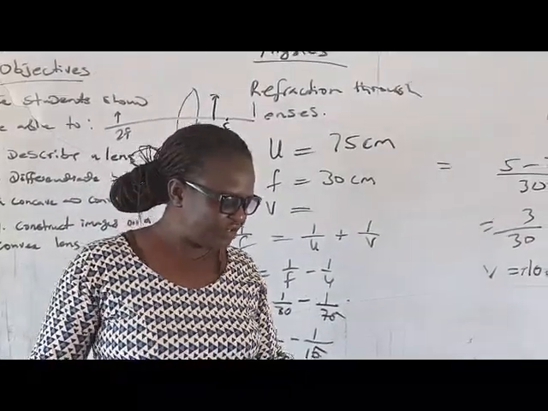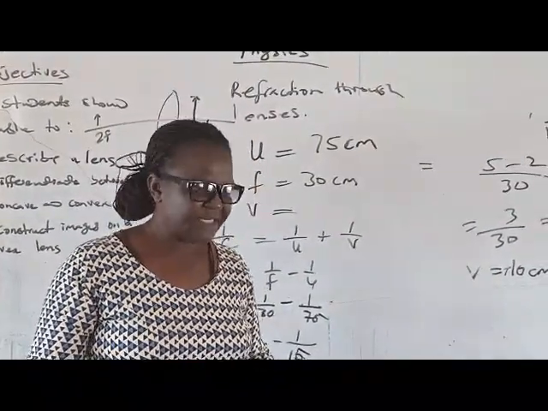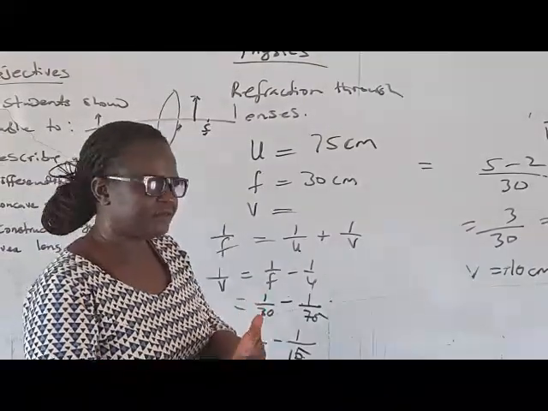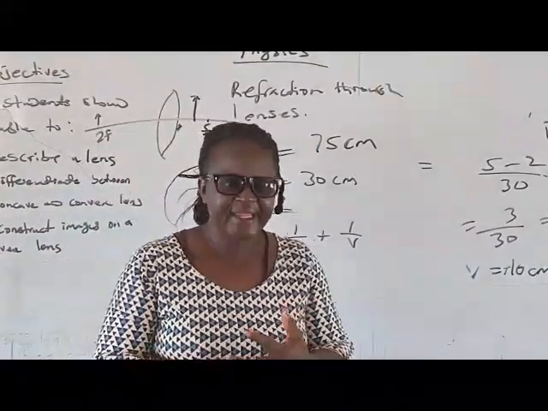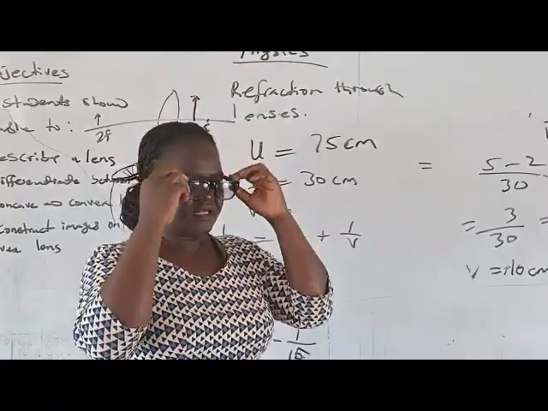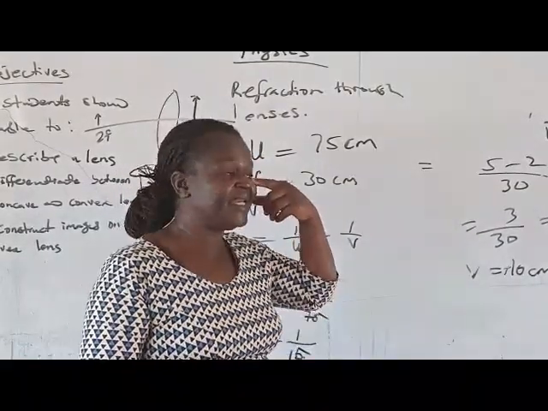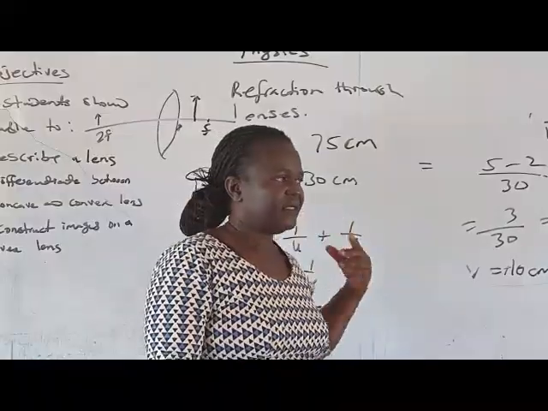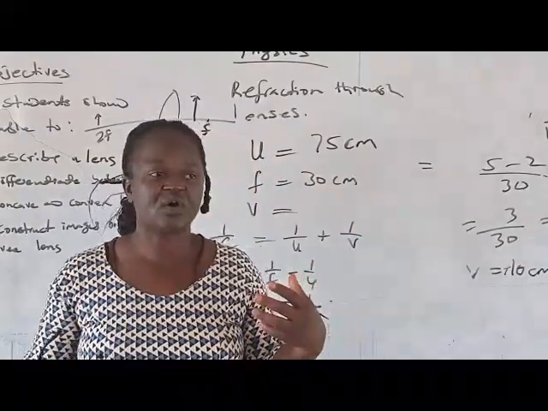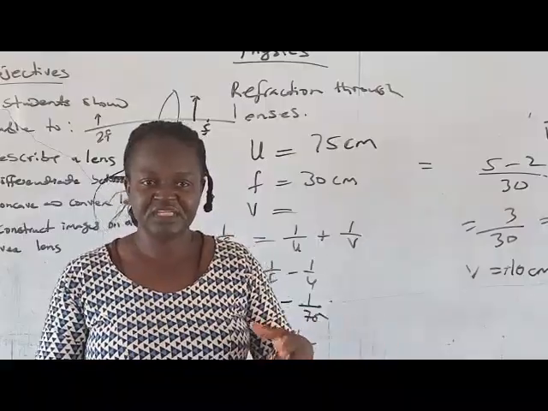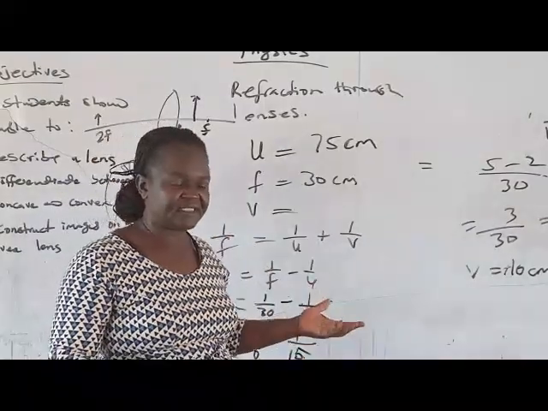What are the applications of these lenses? As we said earlier, the applications: 1, the human eye has been created in such a way that it has a lens in it. This lens is what helps us view objects. It magnifies, it diminishes depending on the object distance.